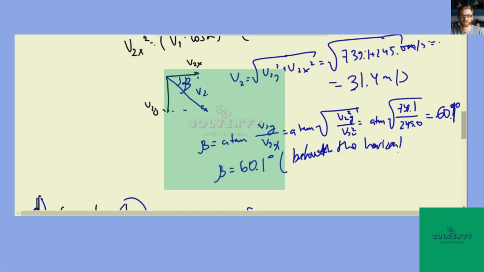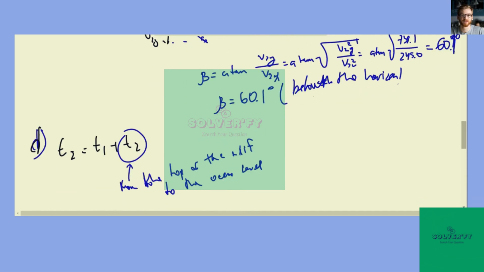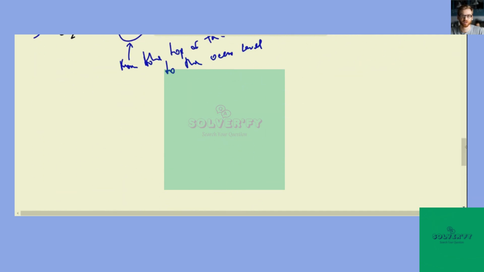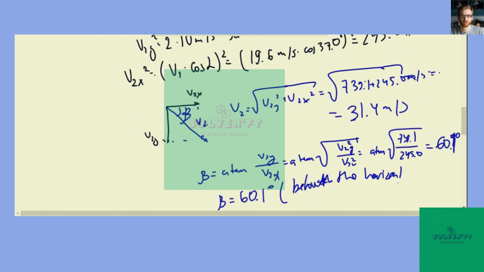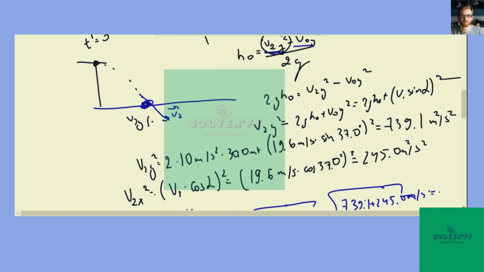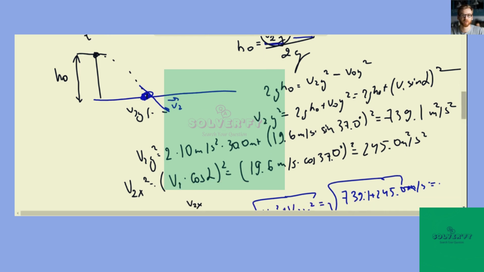If we look at this picture, this is the time needed to cover the distance of h0, with the initial velocity of v2y and acceleration of g.